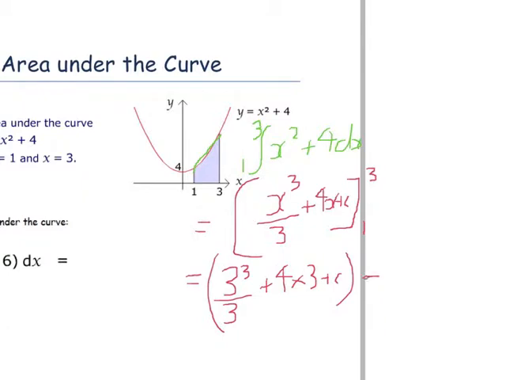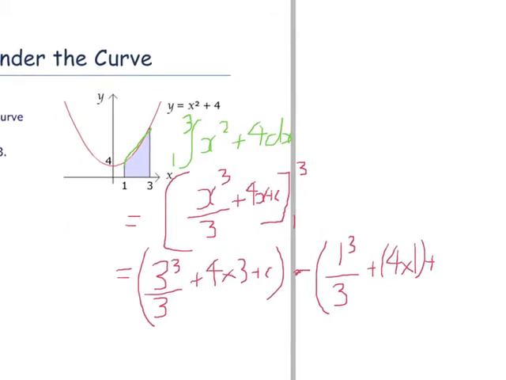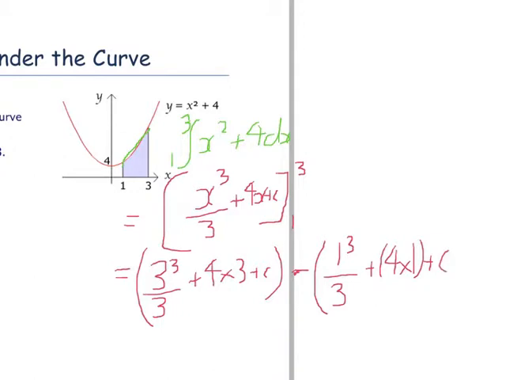So we're going to subtract when we substitute 1 in. So 1 cubed over 3 plus 4 times 1 plus our c. And close brackets now.